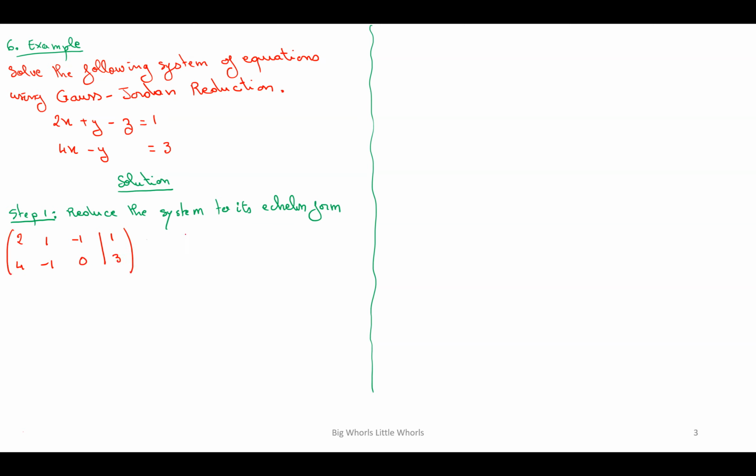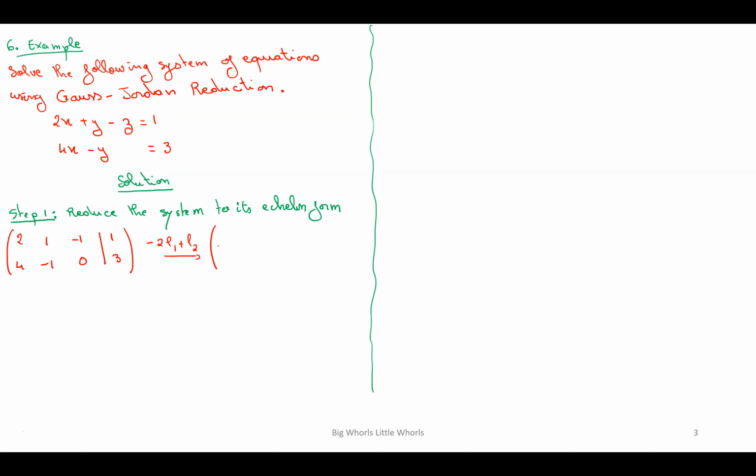Okay, so let's perform Gauss's method. We are going to use the 2 here to eliminate that 4. So this leads to minus 2 rho 1 plus rho 2.